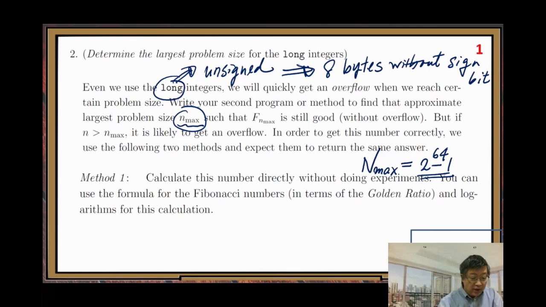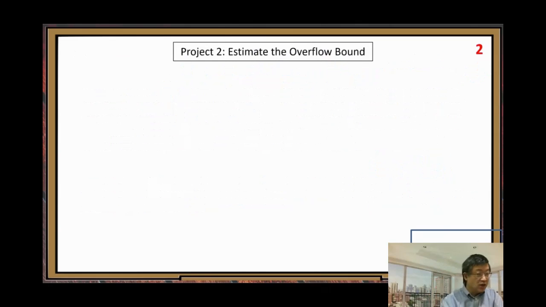You can use the formula of Fibonacci numbers in terms of golden ratios, then use math operations. Next slide, I will give you the detail to do this calculation. So in your program, after you understand this method, you need to do that calculation.